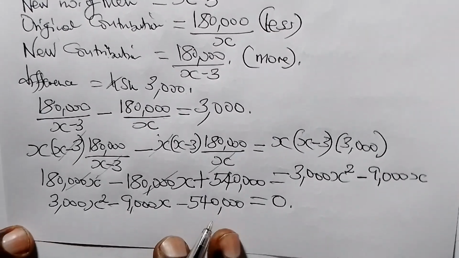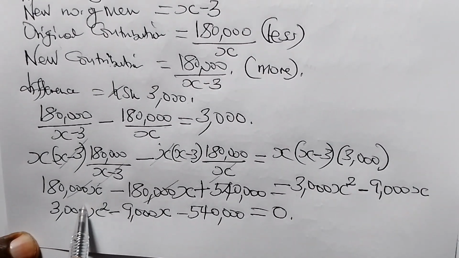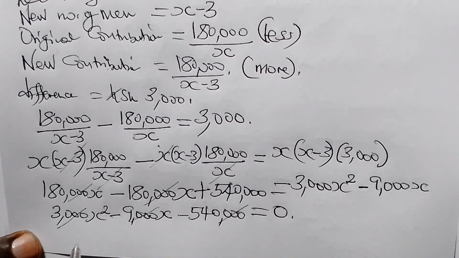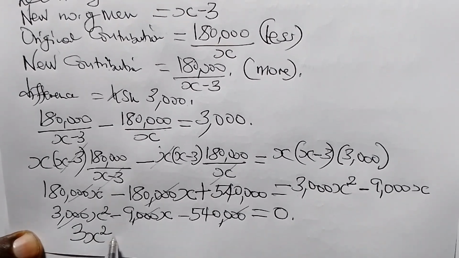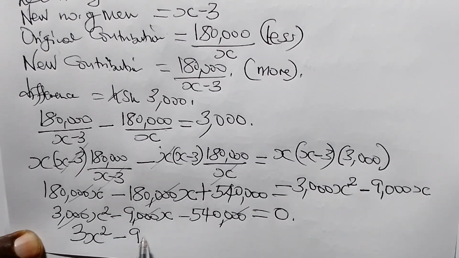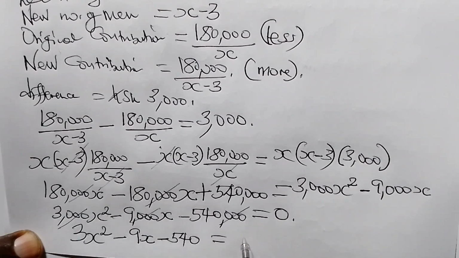When you divide every term by 1,000, the 3 zeros cancel out, and then you're going to get 3x squared minus 9x minus 540 is equal to 0.